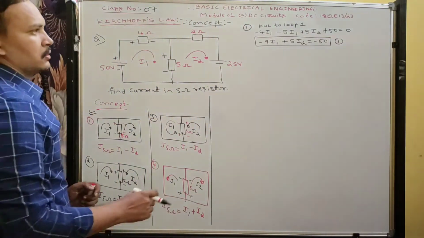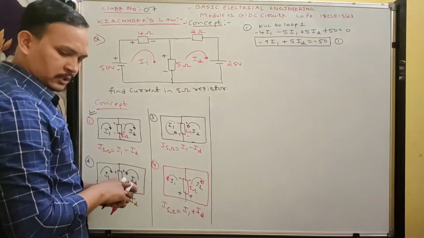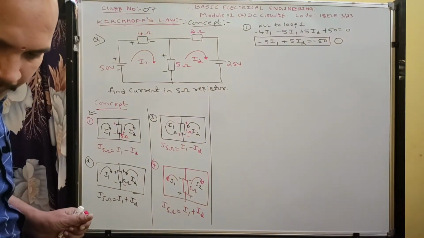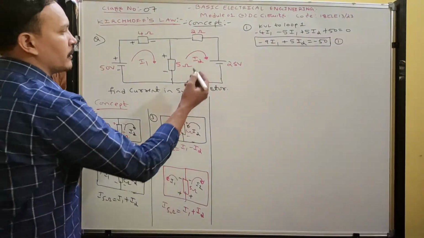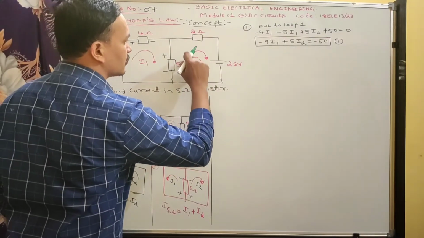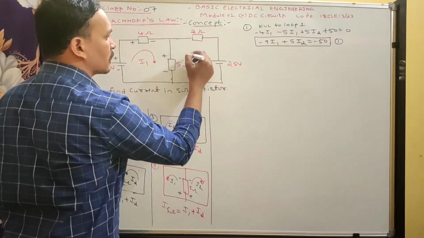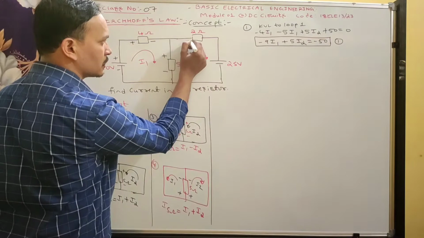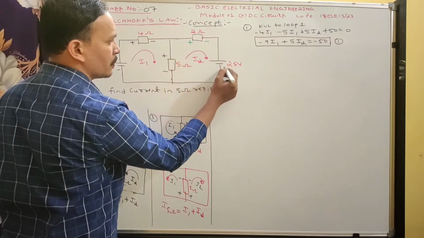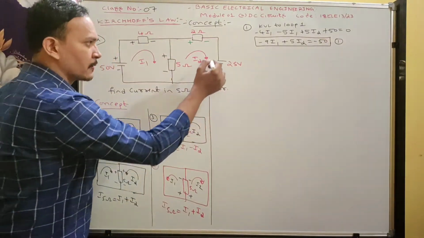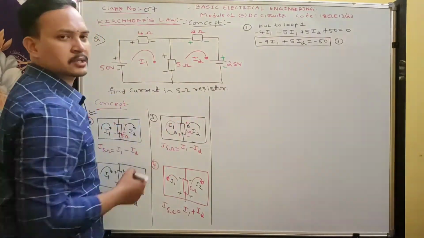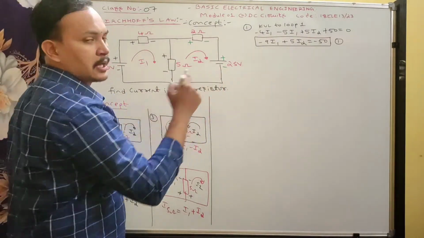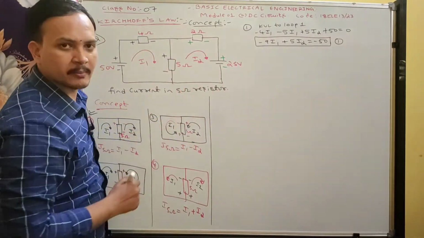Then next step, loop 1 is completed. Now think about loop 2. Mark the sign convention based on this direction. Current is entering the resistor, mark plus, leaves negative. Polarity of EMF source, bigger one is positive, smaller one is negative. That indicates anode and cathode plates of a battery.